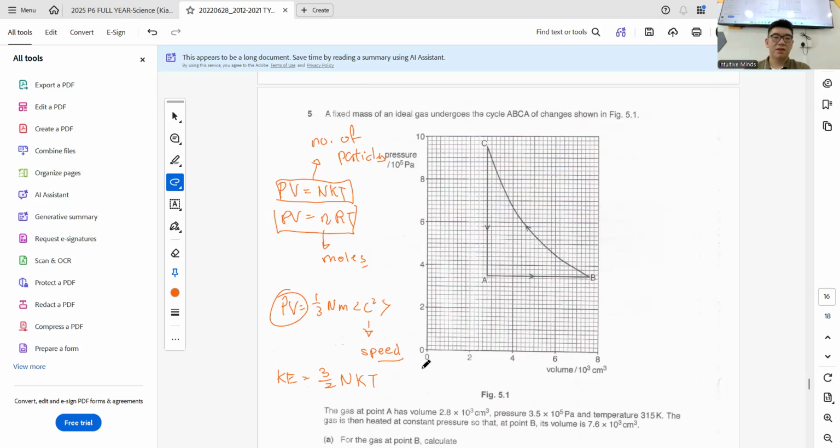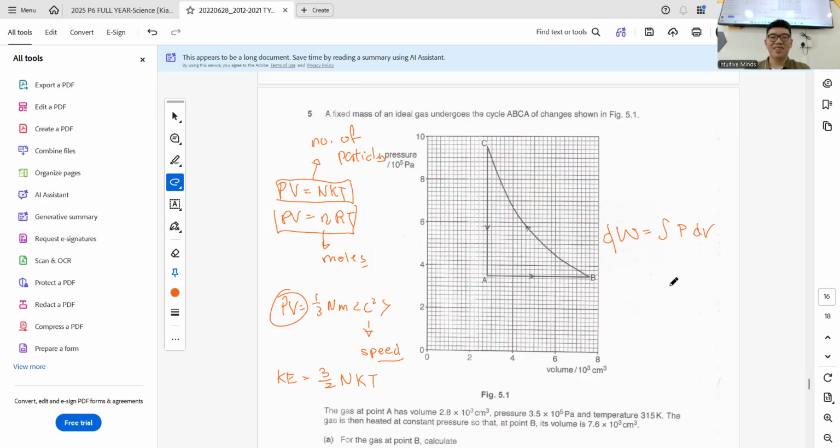Then that was the key changing volume. Change in work done. Yeah.